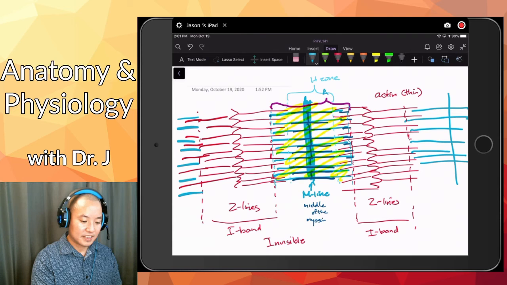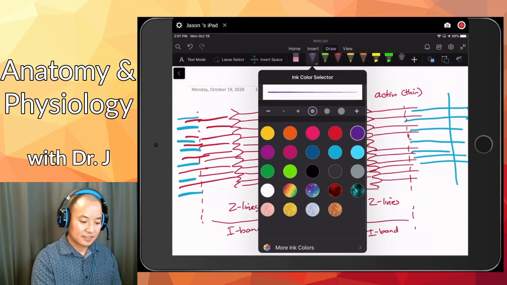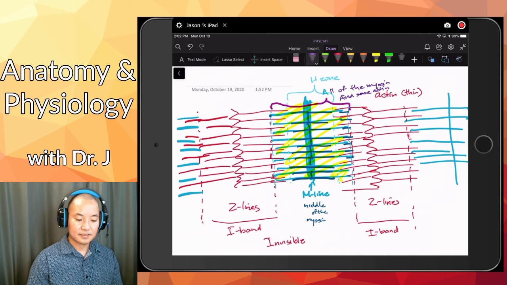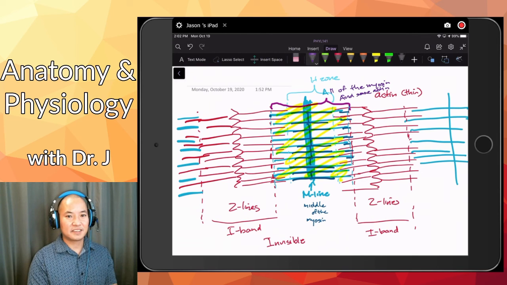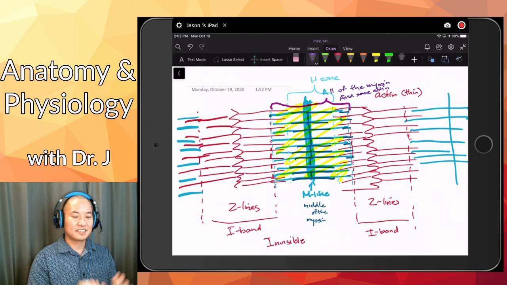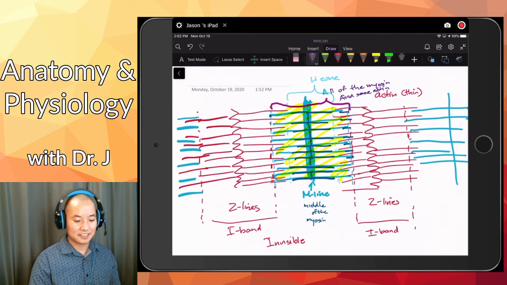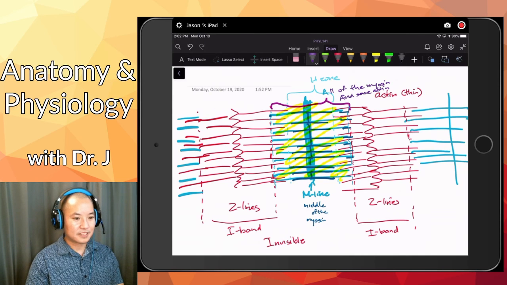When I think of A, I think of all of the myosin and some actin. So I think of A band, all the myosin and some actin. I just keep on adding all those A terms. So that's what we have with the A band.